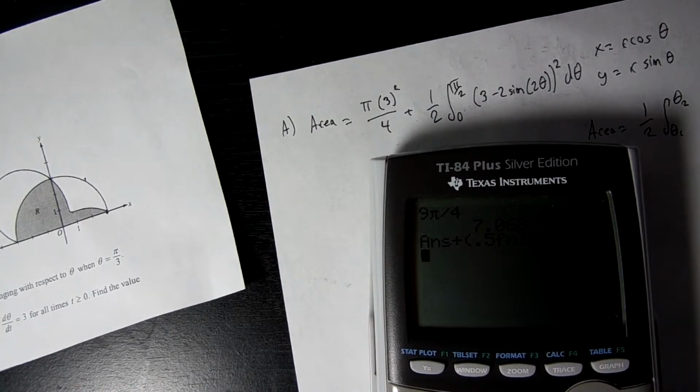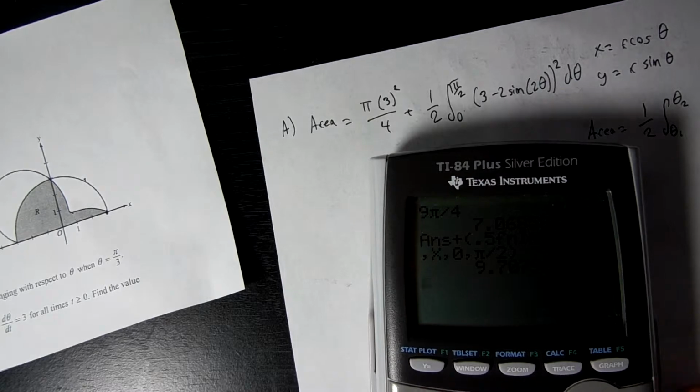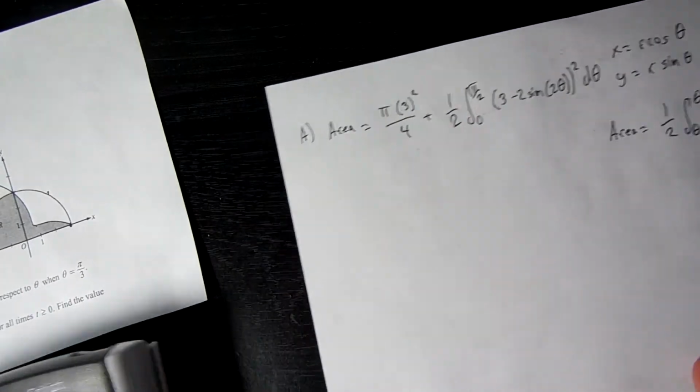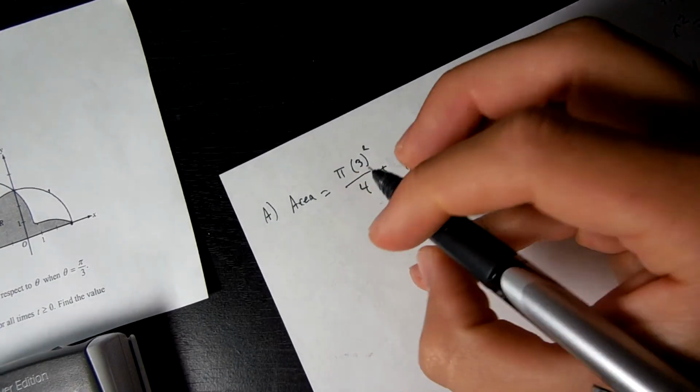And don't forget to square it, from 0 to pi over 2. And you get an answer of 9.708. So let's write that down.